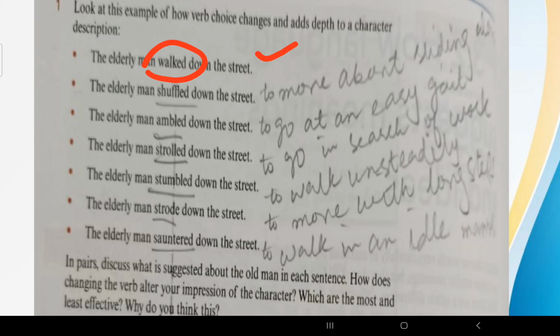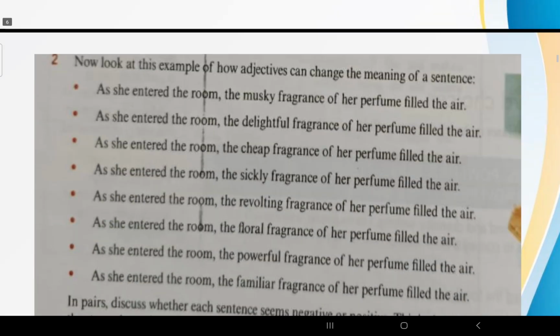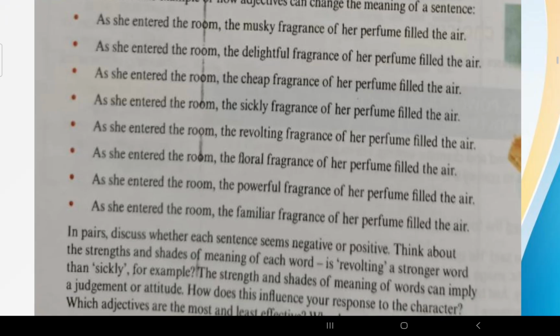Or if somebody is sauntering, that means they are in a dreamy mood, maybe they have nothing to do, they are just idle, they are just enjoying their walk. So all these words convey different meanings, and this is what you are going to do in the use of language task.